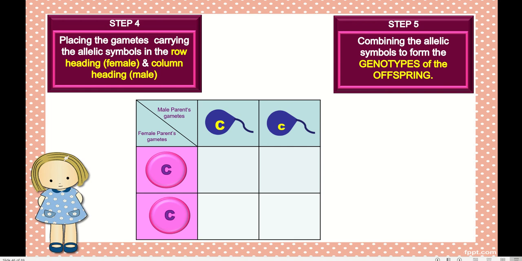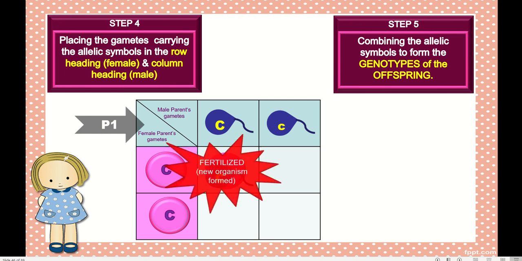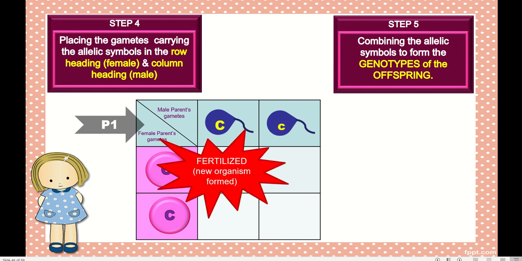These are the chances that this egg might be fertilized by this sperm carrying the allele coding for the CFTR gene. So here's the first possible combination, and once fertilization happens, a new organism is formed, and that organism will carry this genotype.